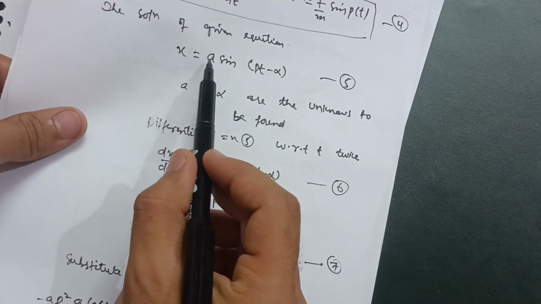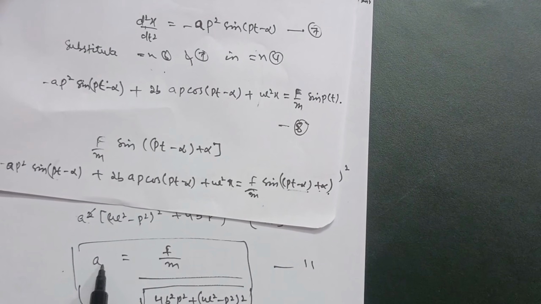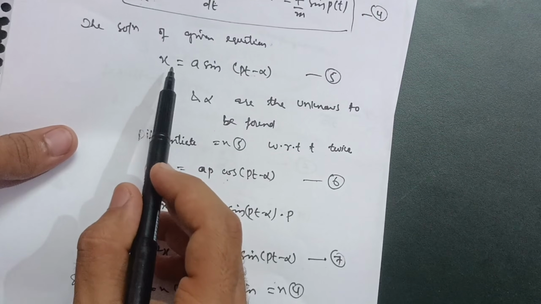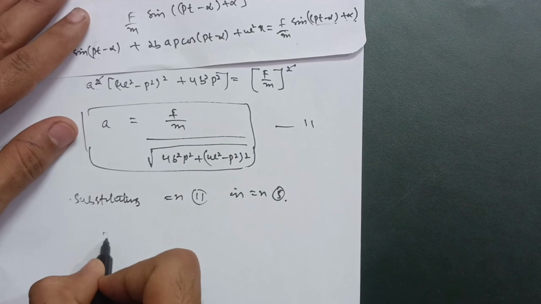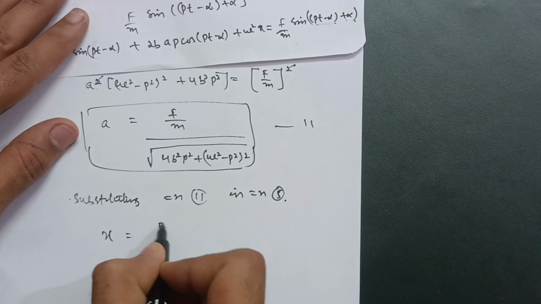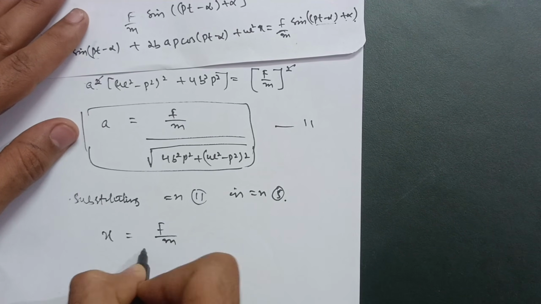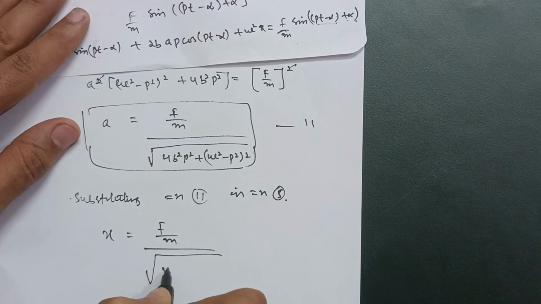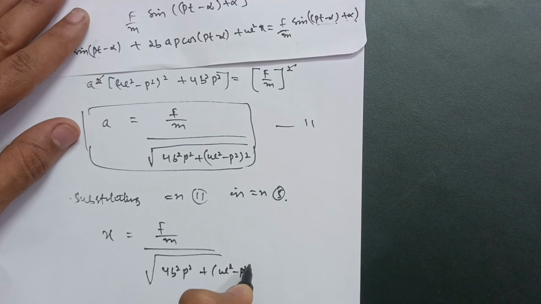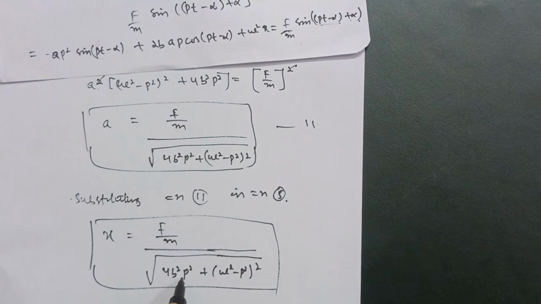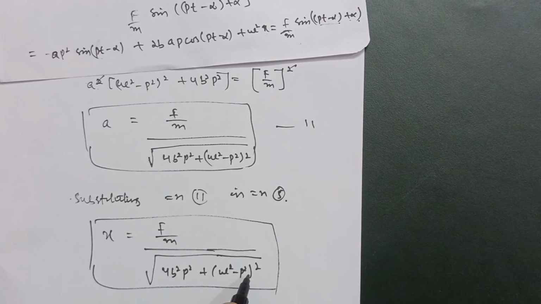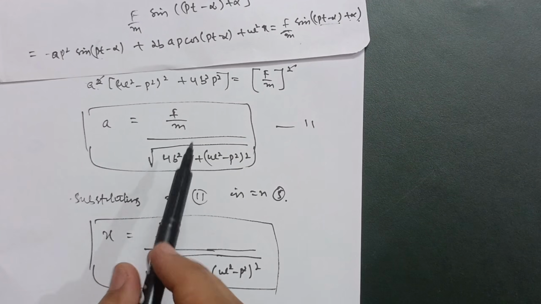Now I will just put this a value, which we are getting here, in this particular equation, x is equal to a sine of pt minus alpha. So I will get the displacement value as x is equal to f by m under root of 4b square p square plus omega square minus p square whole square. So I am getting the displacement x by putting the a value in the 5th equation.